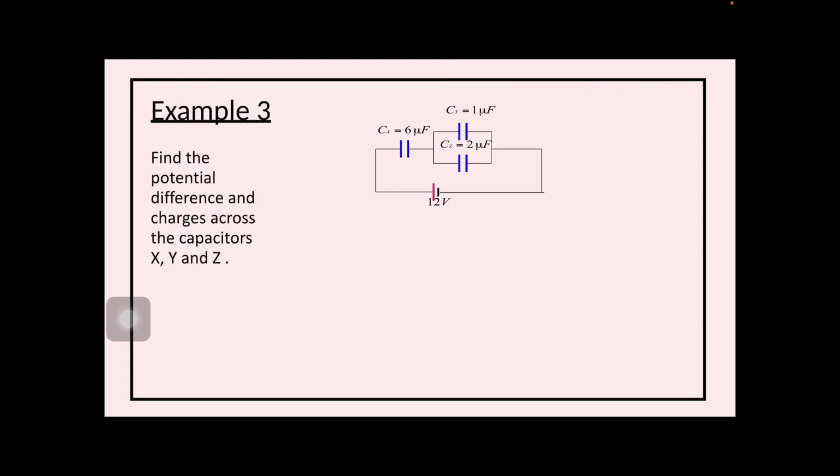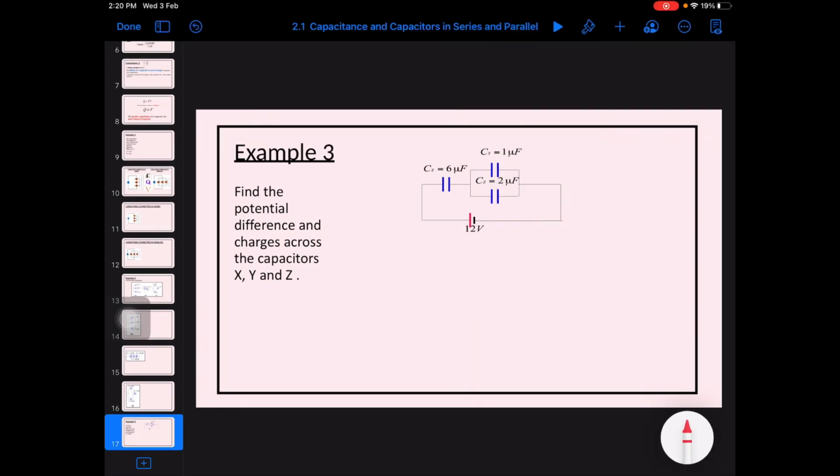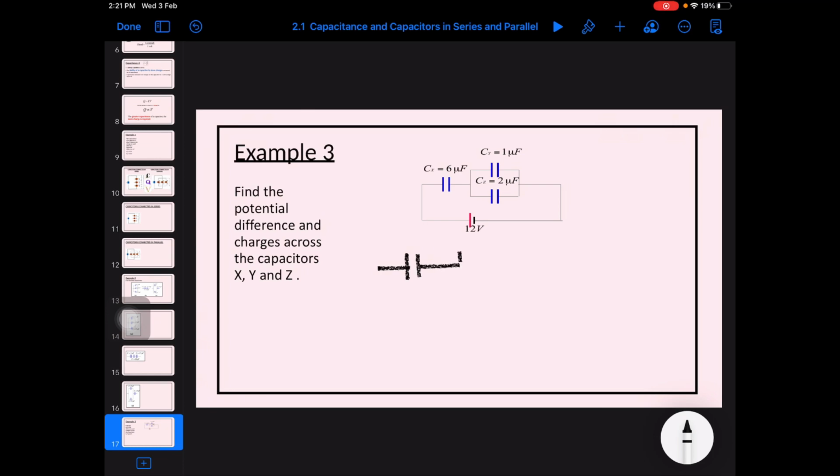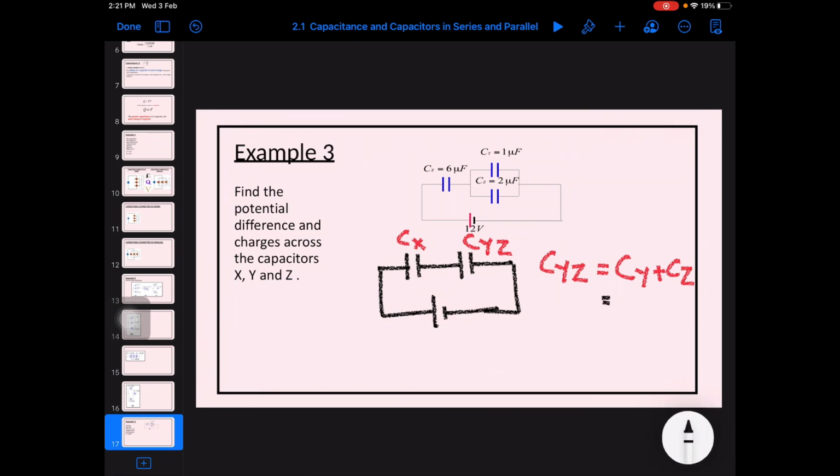Cy and Cz are connected in parallel. Cx is 6 microfarad, and since we already combined Y and Z, we can write it as CYZ, which equals 1 micro plus 2 micro.